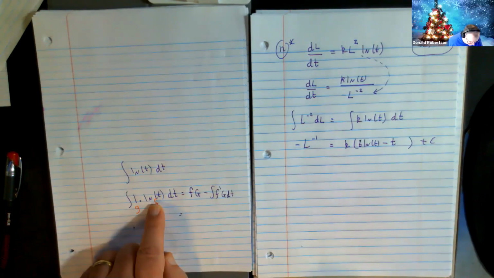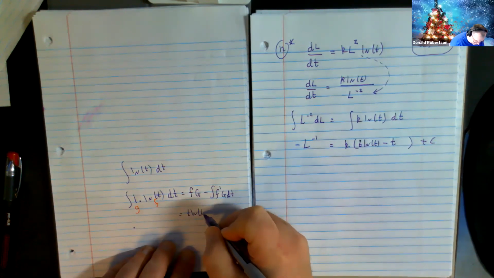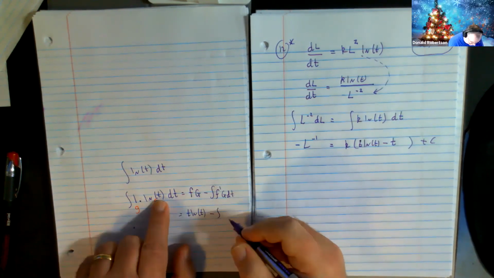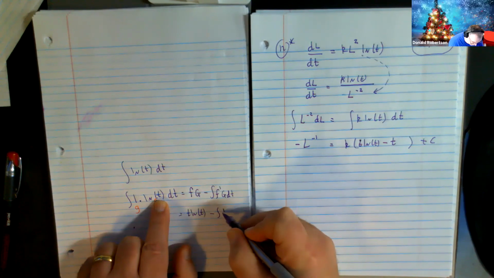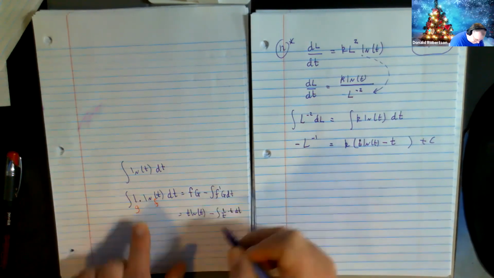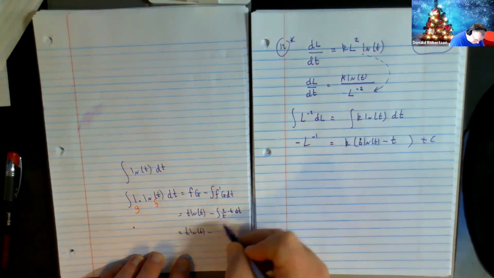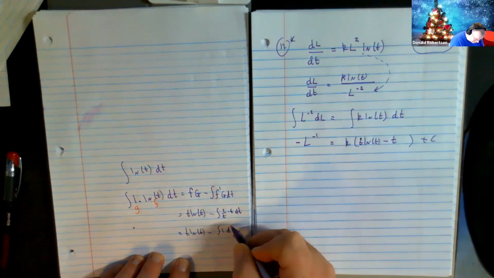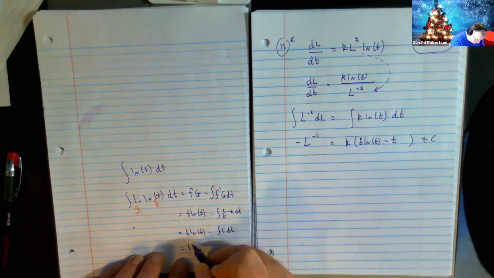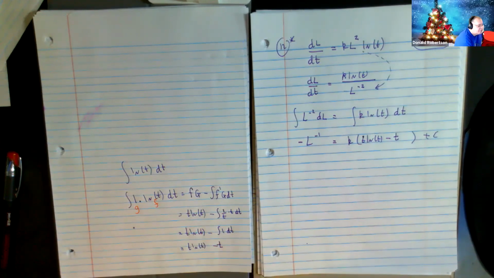And log of t, integral of 1 gets you t, so that's that piece. F dash gets you 1 over t, integral of 1 gets you t. So you have t log t minus the integral of 1. And that's where the t log t take away t comes from. So that's how you do it if you don't memorize it.